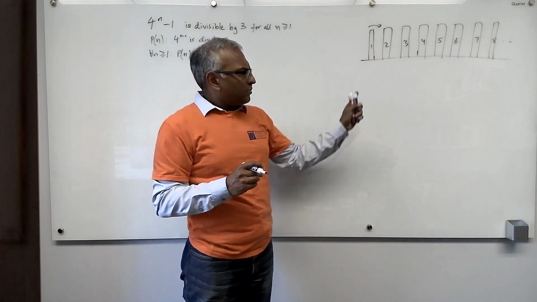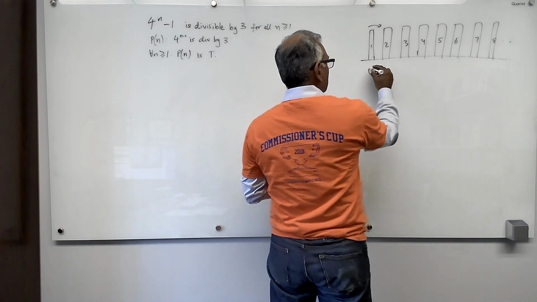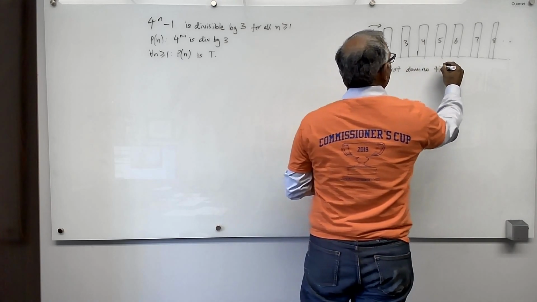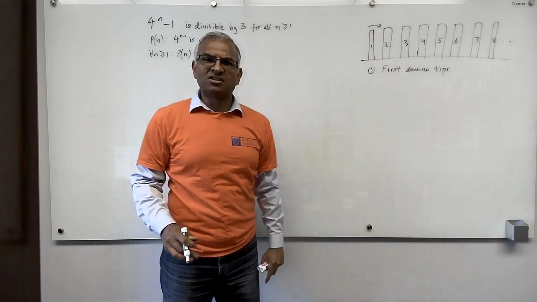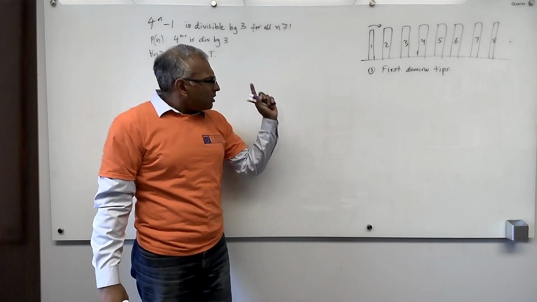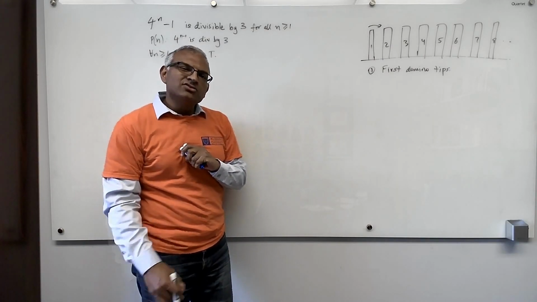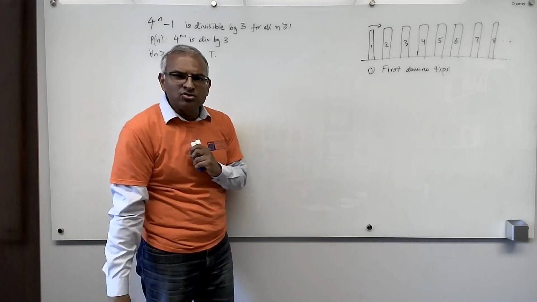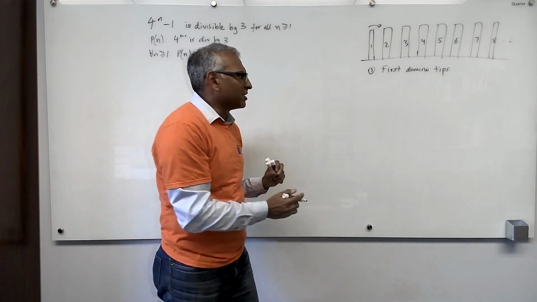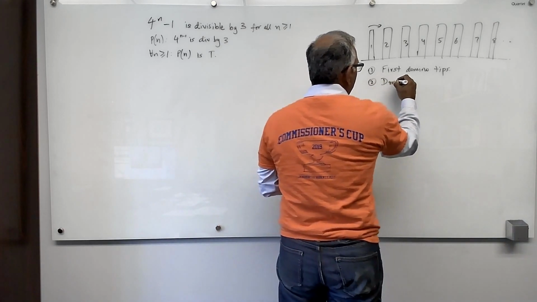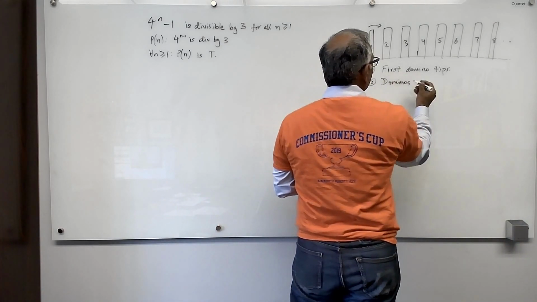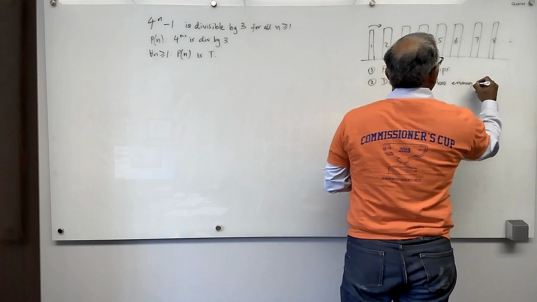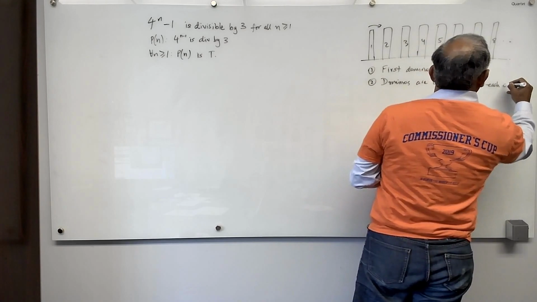Now, how do we know that all the dominoes tip? Well, for sure, we know that the first domino tips, because that's what your mischievous brother did. Then, it relies on the way in which you constructed this line of dominoes. You made sure that consecutive dominoes are close enough to each other.